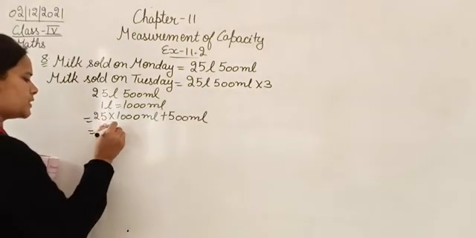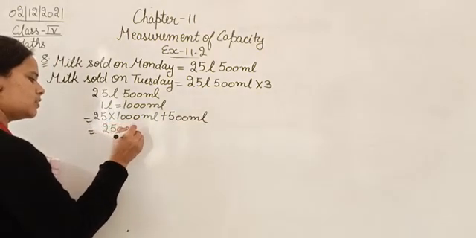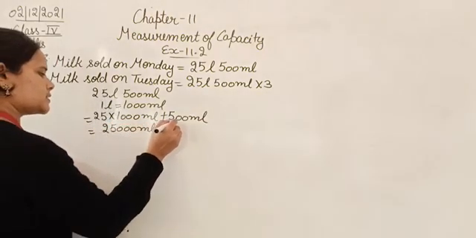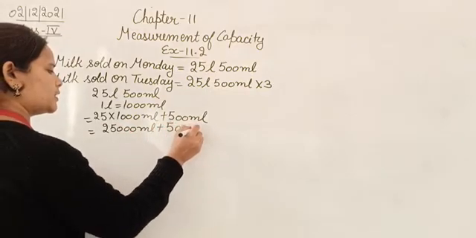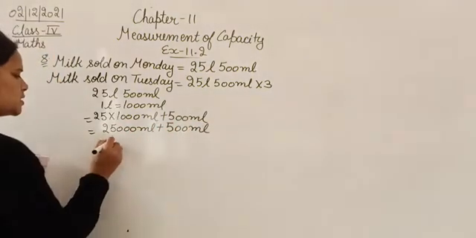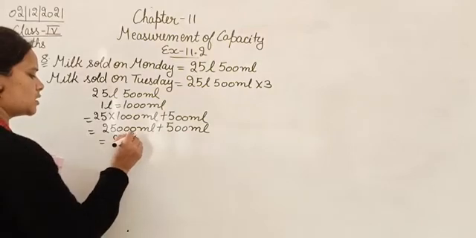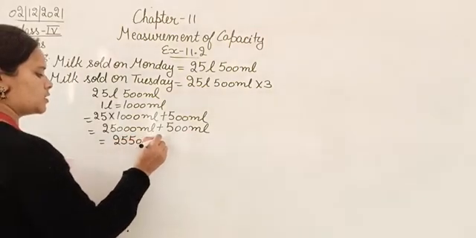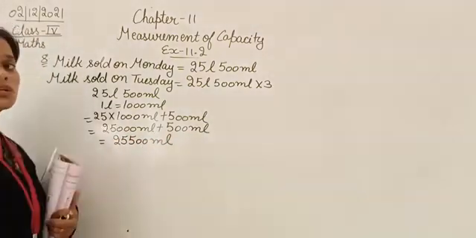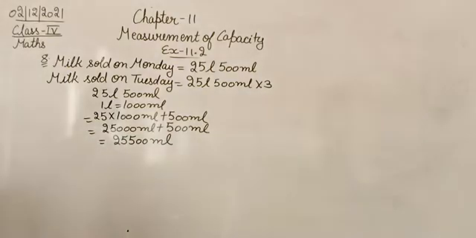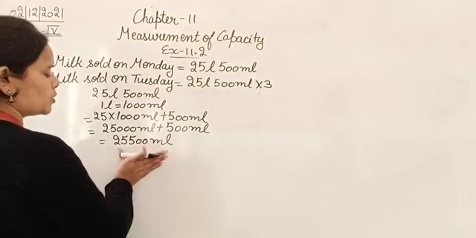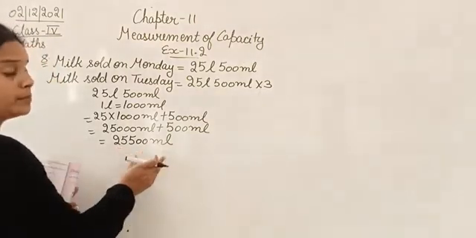This is 25,000 ml plus 500 ml. So this is 25,500 milliliter. This is the total quantity of milk sold on Monday in milliliters.